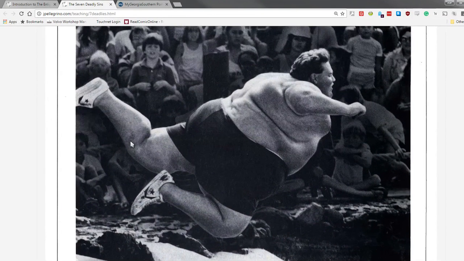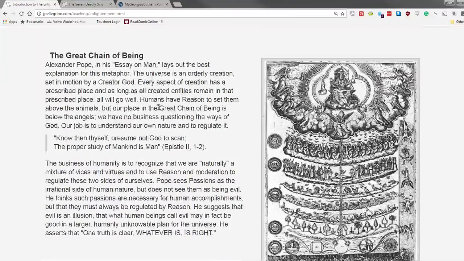Out of those deadly sins, 6 of those, technically, make us fall down the ladder, down the great chain of being. From here at our middle spot, we fall down because we give in to our bestial passions. But the worst one of all makes us go up, and that is pride.